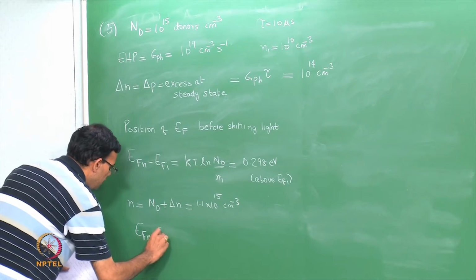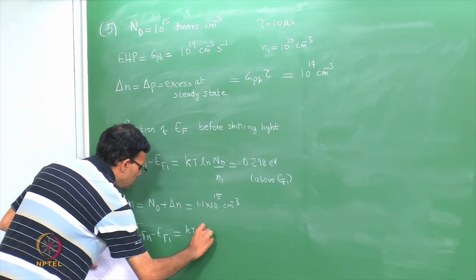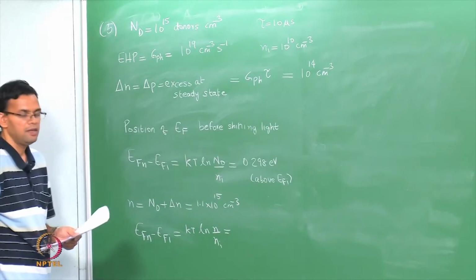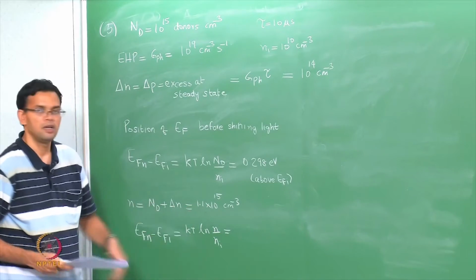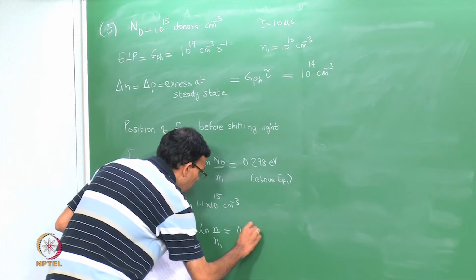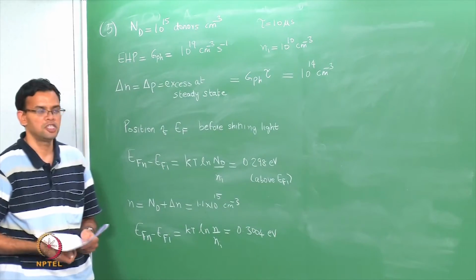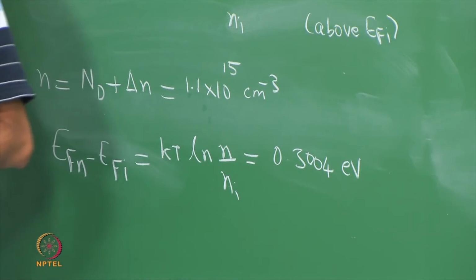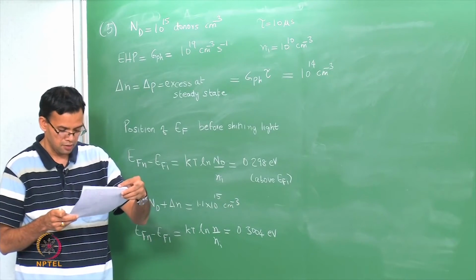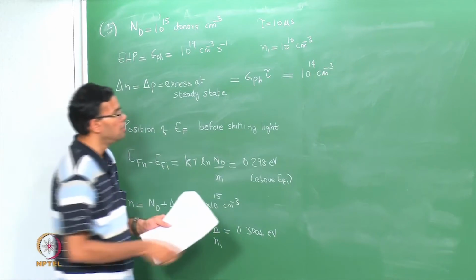So, the new EFn minus EFi is kT ln of n over Ni, where the value of n is now 1.1 times 10 to the 15. This gives you 0.3004. The shift is very small because the increase is not that much, but there is still a small shift in the Fermi level. You can also do a similar calculation for the holes.